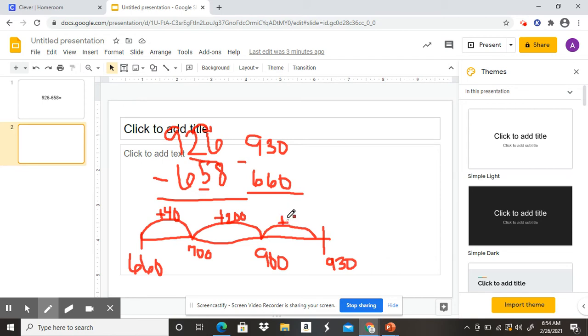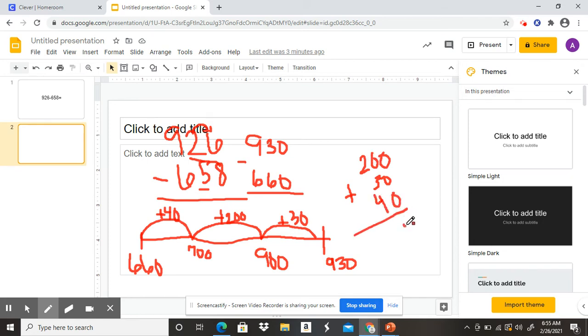Okay, so now that I've found the difference, I've compared those numbers to see how much is in between there. I need to total all these numbers. So I'll put 200 up here, plus 30, okay, plus the 40 right there that I added. And guess what that's going to give me?